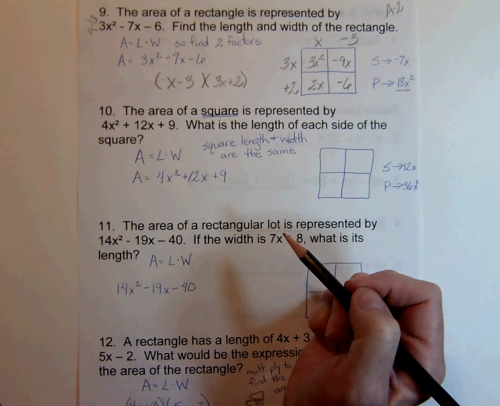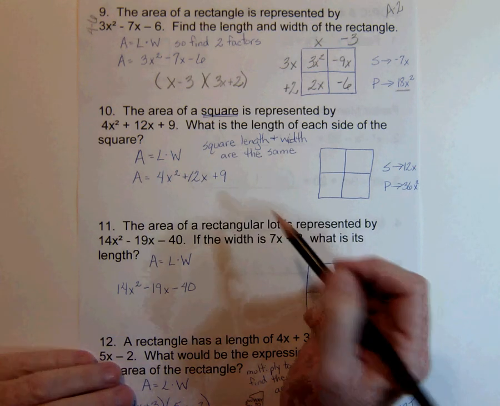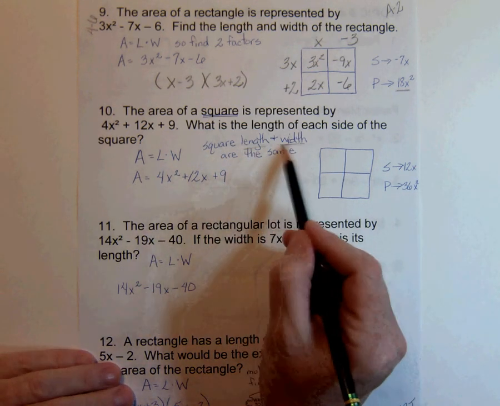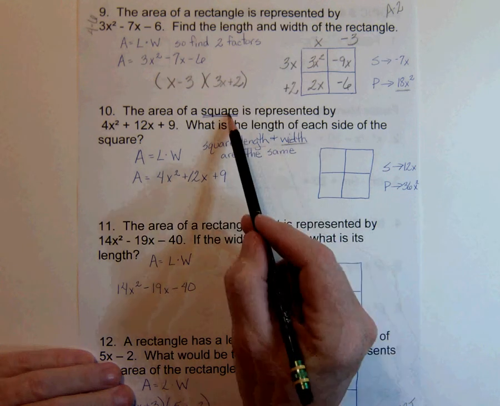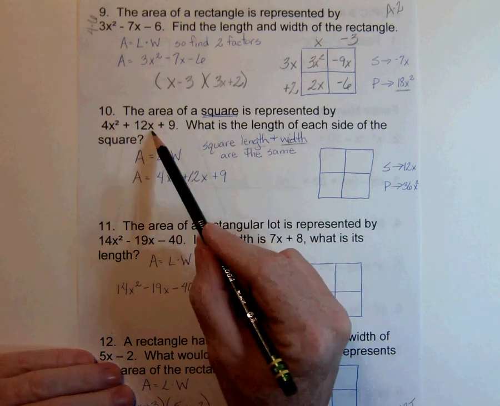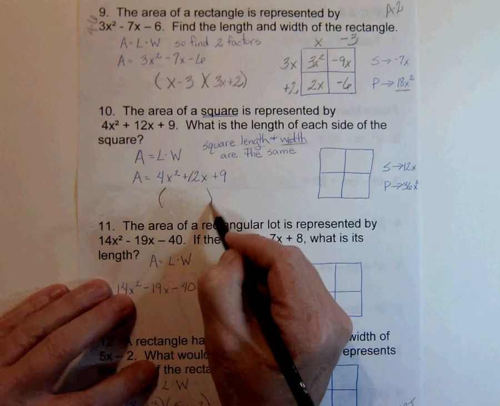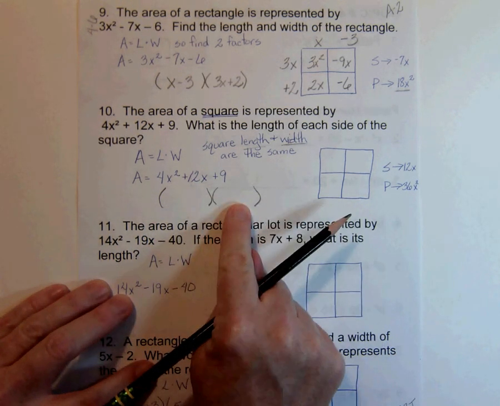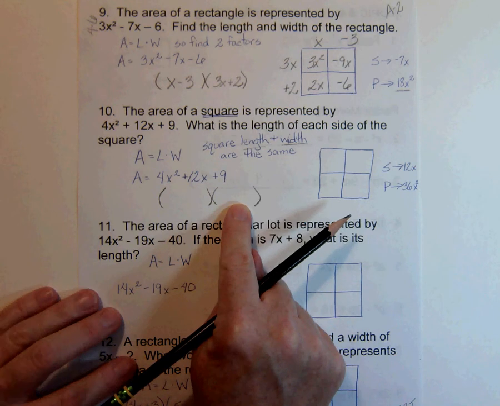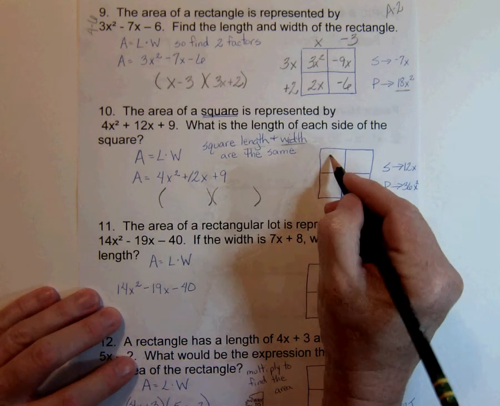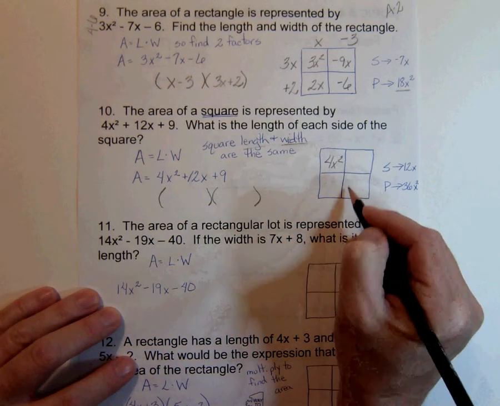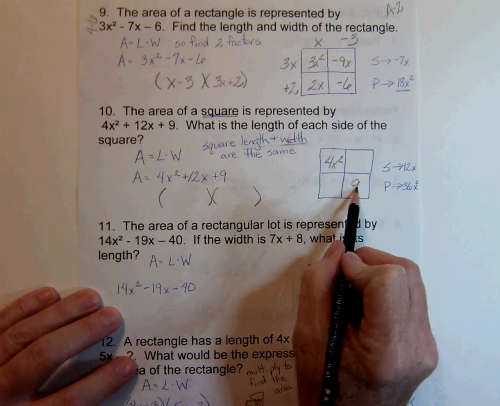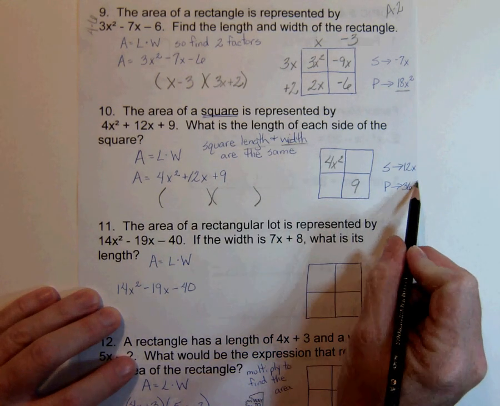We're wanting to know the length of each side. This one actually is going to have the same length and width, because in this case you're finding the area of a square, so your 2 factored forms will be a perfect square. In other words, this and this will have to have the exact same binomial in it. Again, you're going to put the 4x squared here, a 9 here. Multiplying those together would give you a 36x squared as your product.